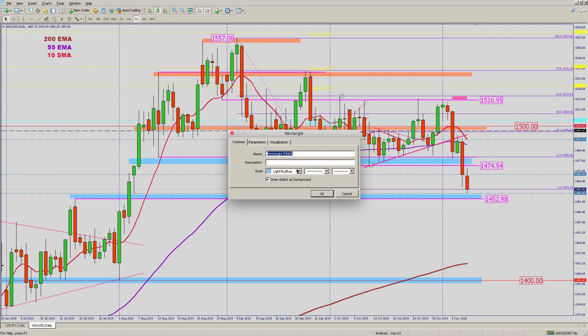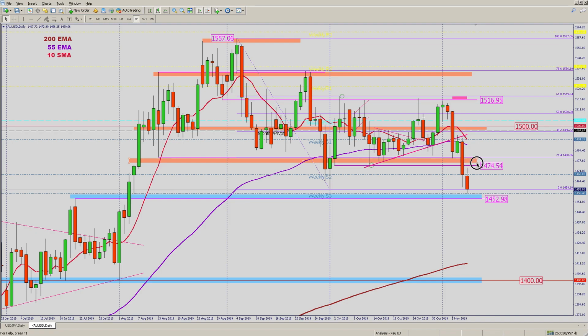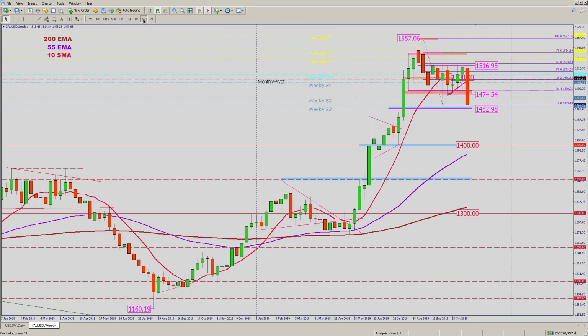This can now be changed to a resistance level, resistance zone. Let's take a look at the weekly time frame, and yes, that's a very bearish move.